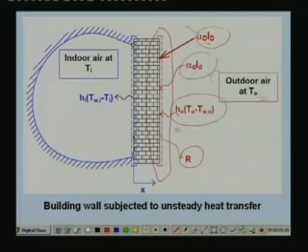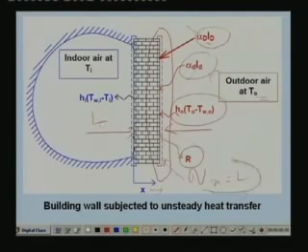If you are assuming that heat transfer through the wall is by conduction, this should be equal to Q at x is equal to L. As x increases in this direction, let us say the thickness of the wall is L. When x is 0, that means the inner surface of the wall, x is L means the outer surface of the wall.